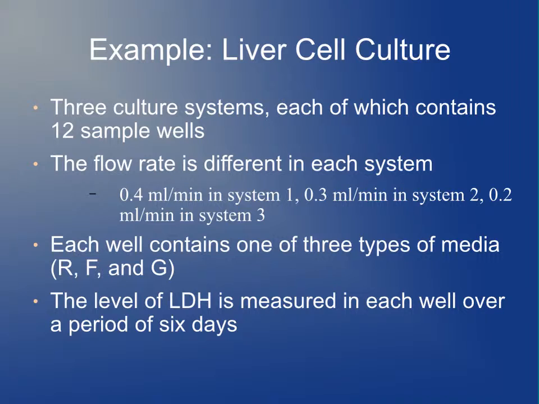Each well contains one of 3 types of media called R, F, and G, and LDH was measured in each well over a period of 6 days. Honestly, I don't know what R, F, and G stand for, nor do I know what LDH stands for, but for the purposes of this example it doesn't really matter.